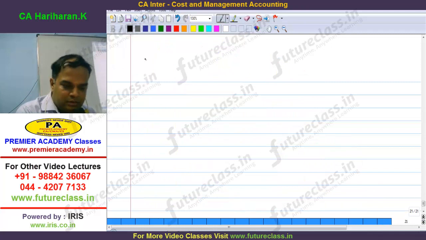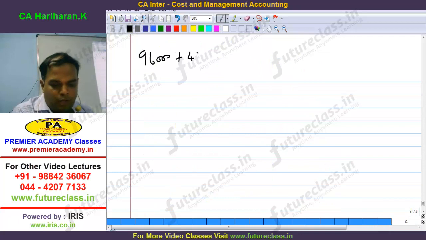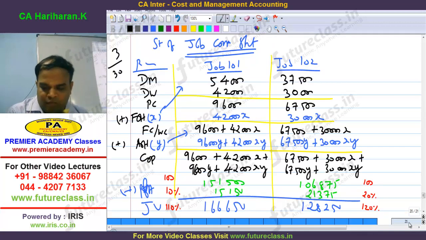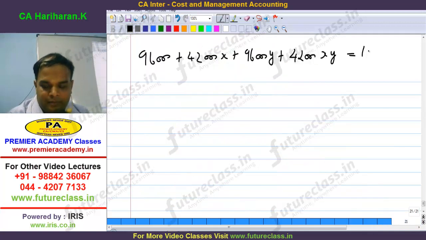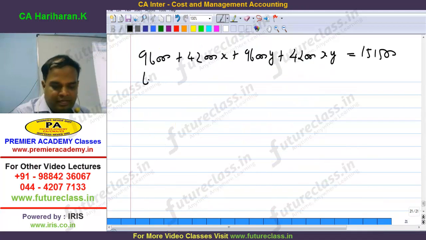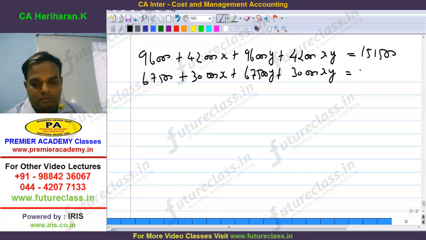Listen here. 96,000 plus 42,000 x plus 96,000 y plus 42,000 xy is equal to 1,51,500. Able to follow or not? Similarly, 67,500 plus 30,000 x plus 67,500 y plus 30,000 xy is equal to 106,875.